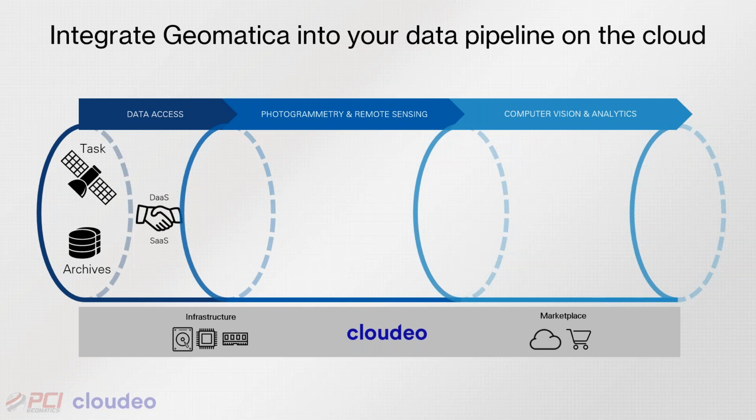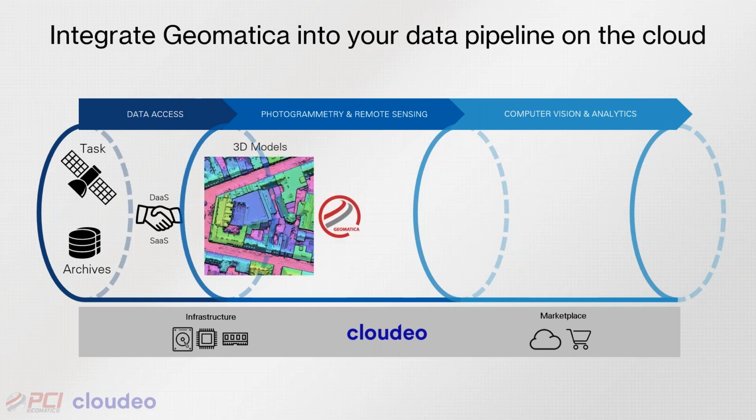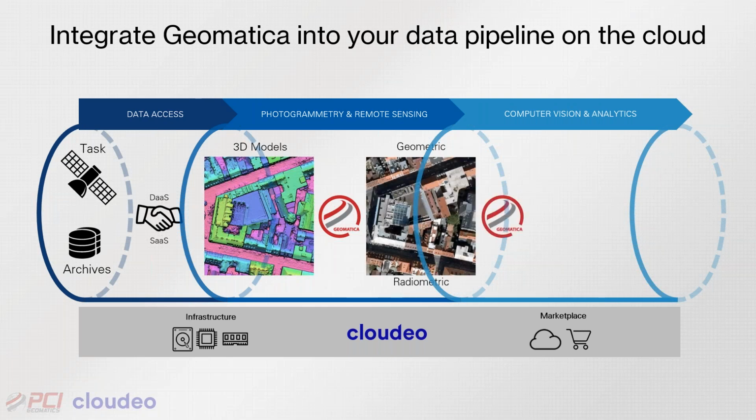And then there is a seamless handshake between the data services and software services, such as with Geomatica. And we can continue the process chain upstream or downstream by performing the next processes in the chain, such as, for example, the photogrammetry remote sensing applications like 3D modeling, performing the geometric corrections like the orthorectification or the radiometric corrections, such as the pan sharpening or the image fusion and the atmospheric correction capabilities to create that data that we can then perform analysis on.